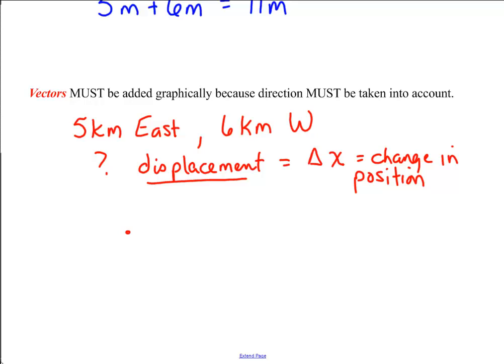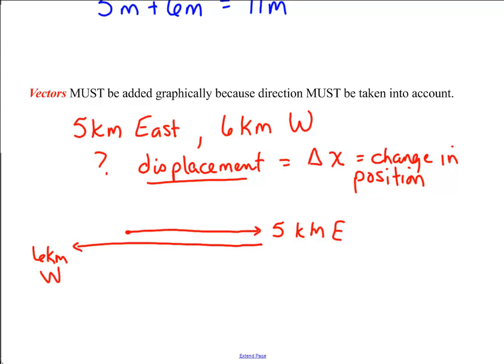So if I start here and we'll go this way to go east, so here's 5 kilometers east, and then I turn around from this point and I head west, and I head west 6 kilometers. So I started here, I ended here. What I'm interested in is, from here to here, is my displacement or my change in position.